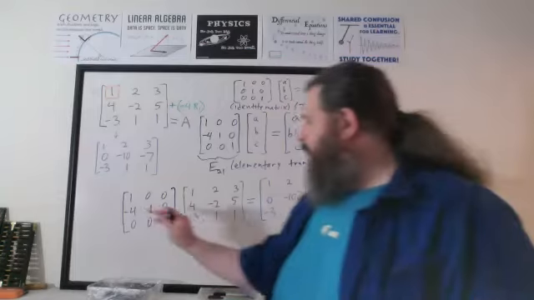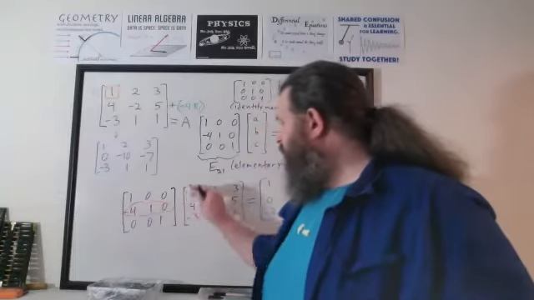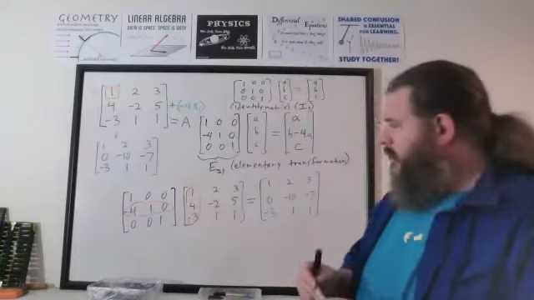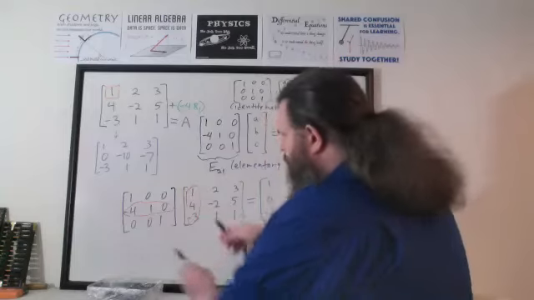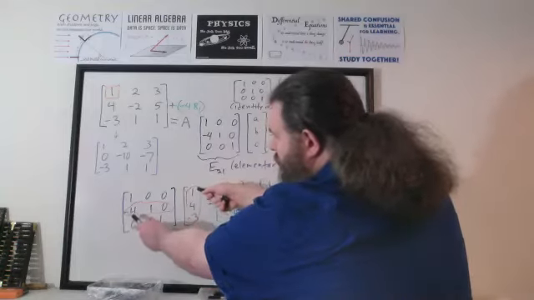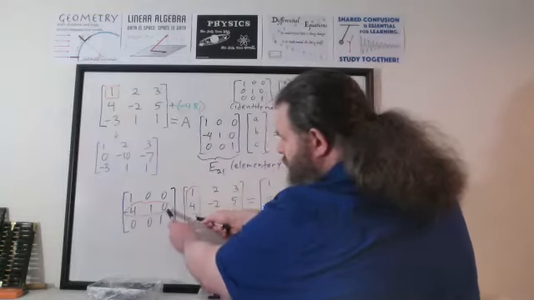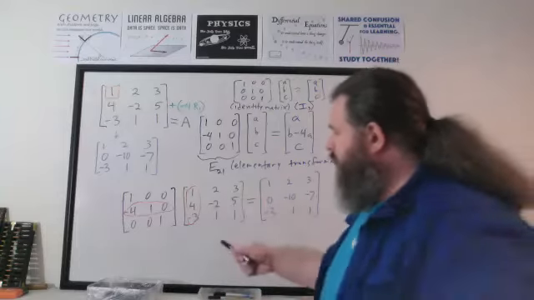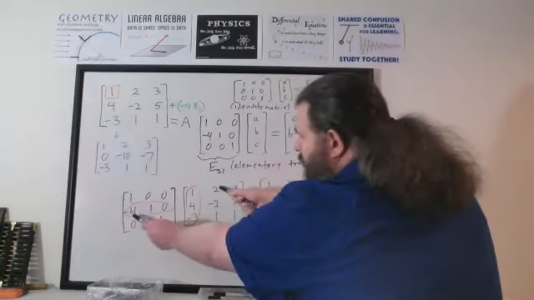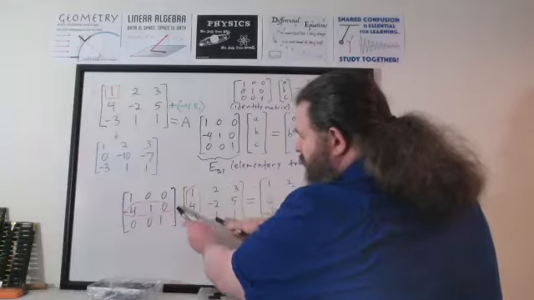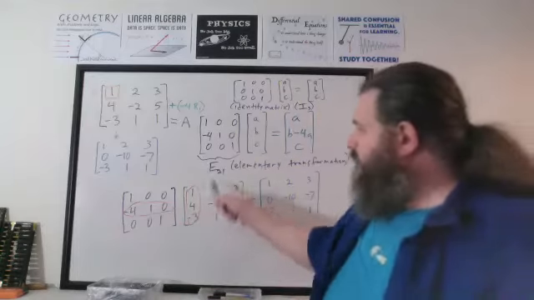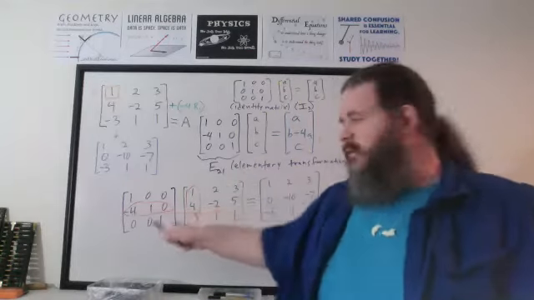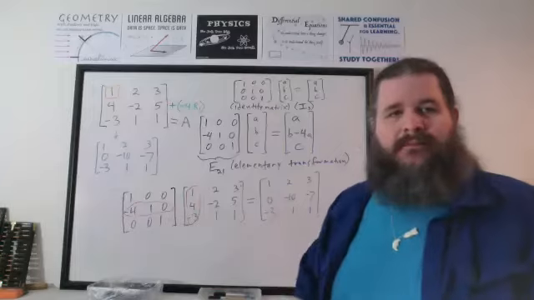And you could look at this one at a time, like this row combined with this column. You'd be multiplying negative 4 times the top number, plus 1 times the next number, plus 0 times the third number. But if you did that with the second row, you'd also take negative 4 times the top number, plus 1 times the middle number, plus 0 times the bottom number. So with each column, the negative 4 gets multiplied by the top number of each column.